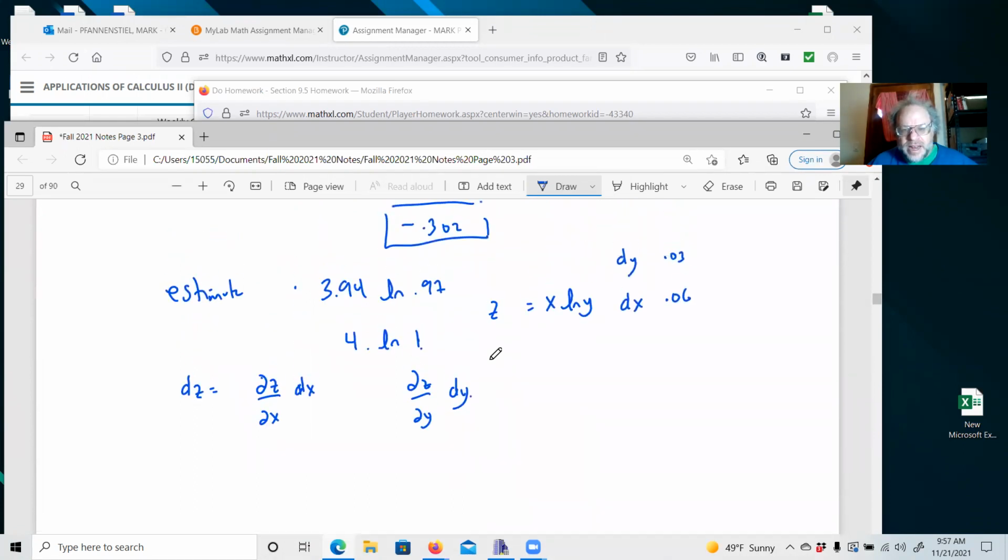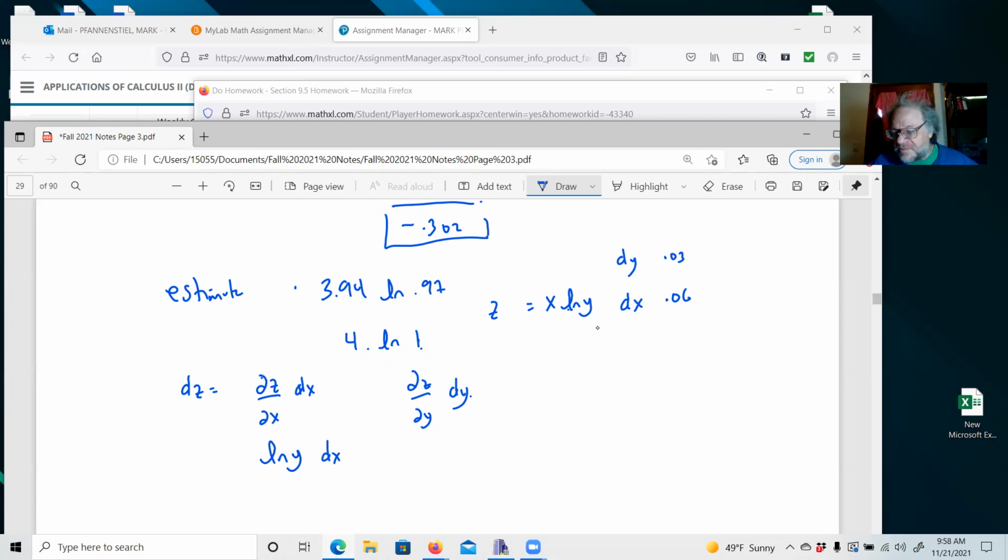Now, what is the derivative with respect to x of this function? It's just ln y times dx, because the ln y is a constant and the x is just to the first power.